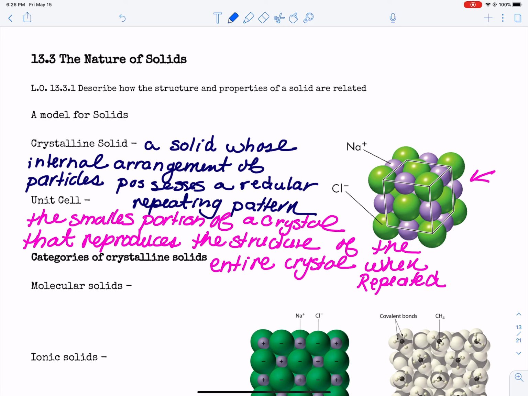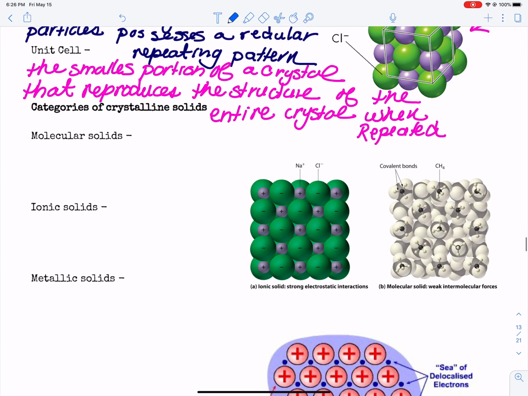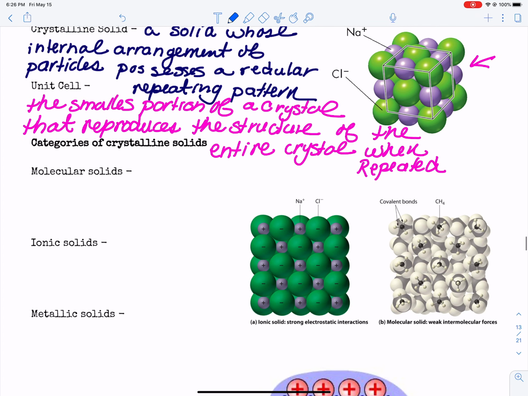So we have solids, and then there are crystalline solids and amorphous solids. There are different types of crystalline solids, and they are categorized by basically what the particles are. Remember, a crystalline solid is one where there is an internal arrangement of the particles. So now, what exactly are the particles?